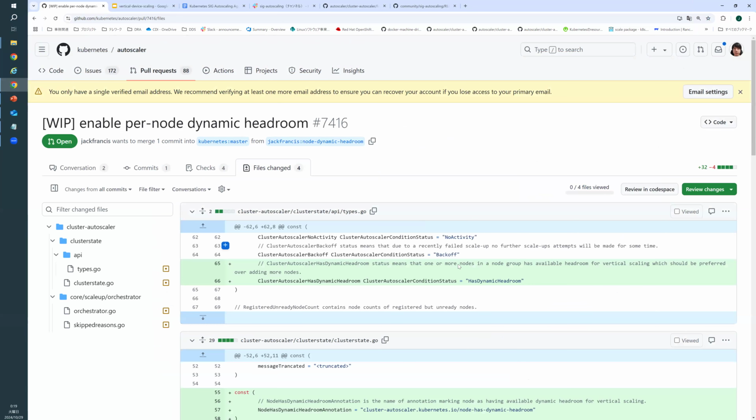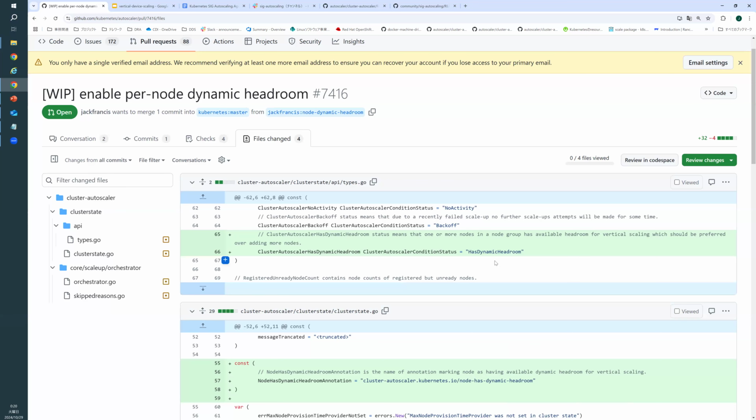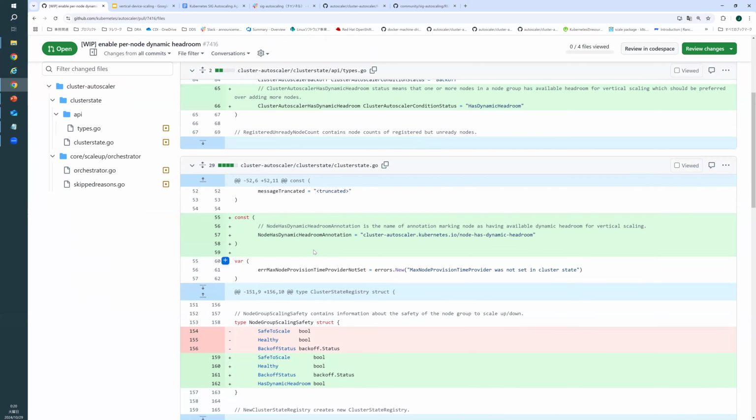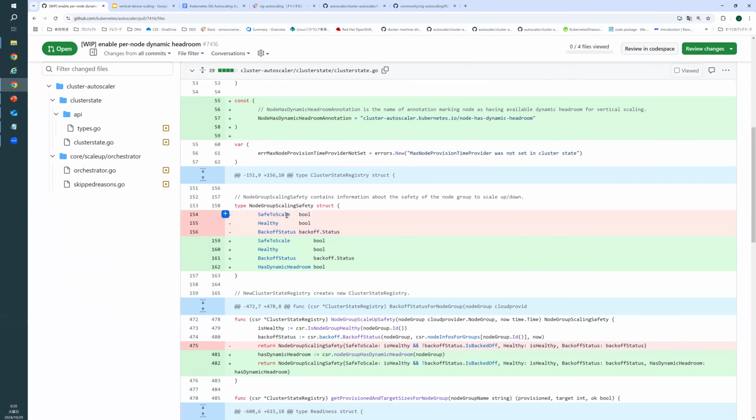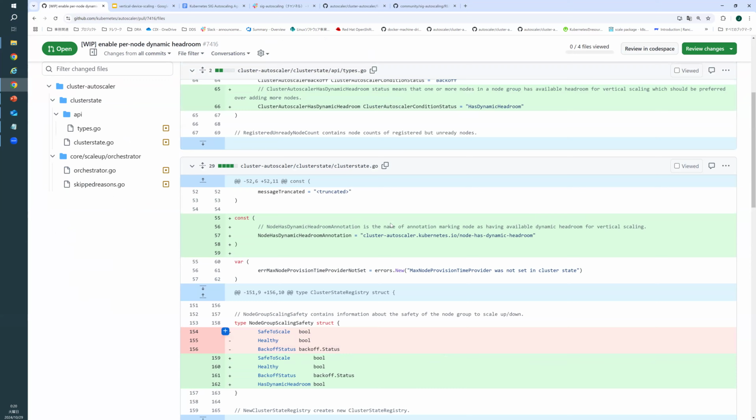He proposed a new annotation, dynamic headroom, and if a node has this annotation, the node group is deemed as not safe. So cluster autoscaler can skip this node group for the vertical scaling. So that is his proposal.